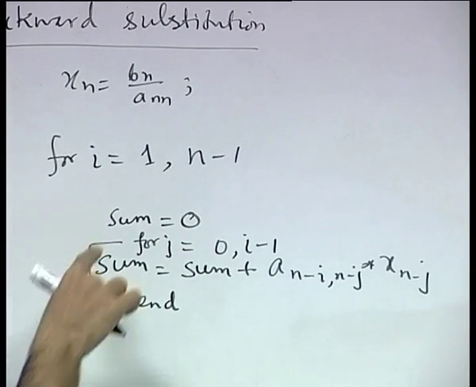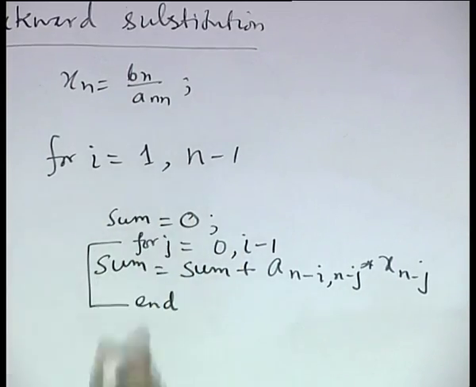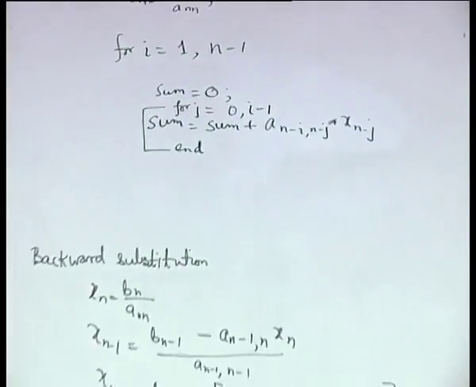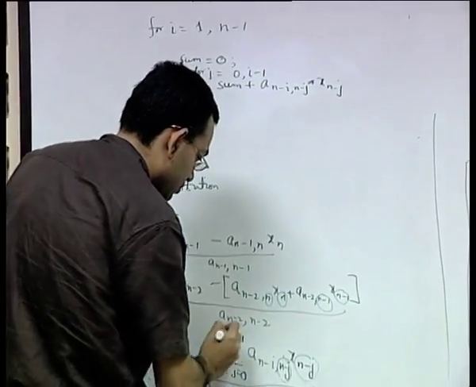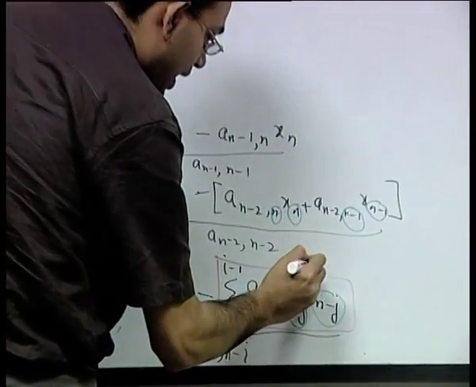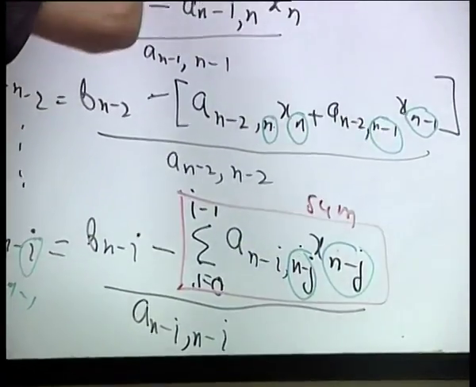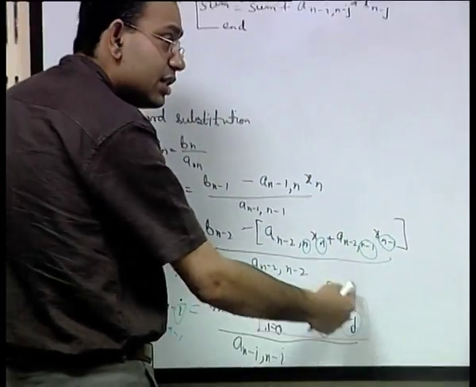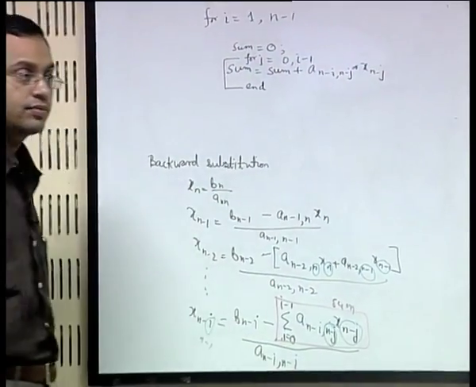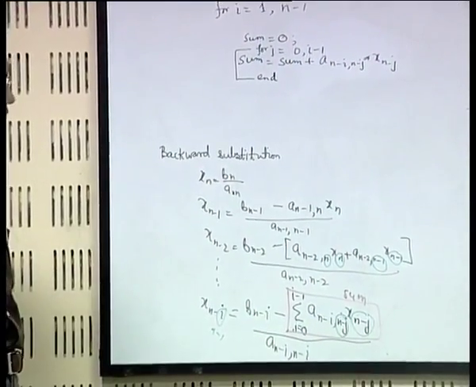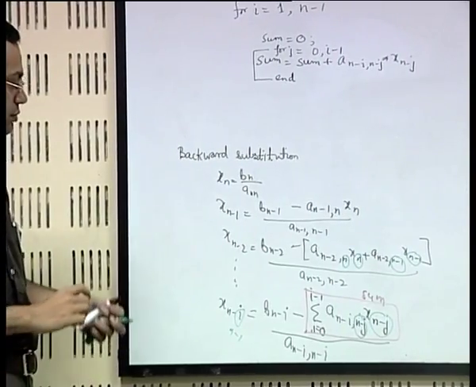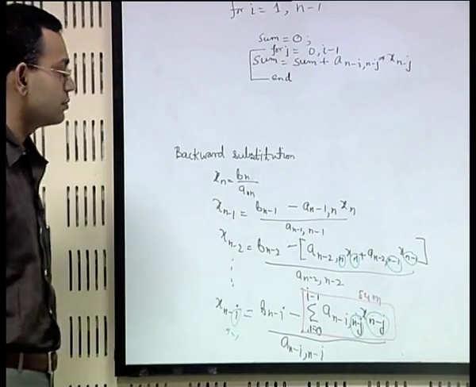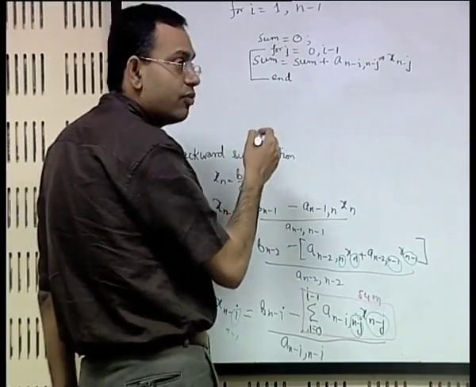So, you get a new value of the sum, which is this sigma. So, at the end of the calculation of the loop you have the variable sum which is giving this summation. Then you implement the formula.